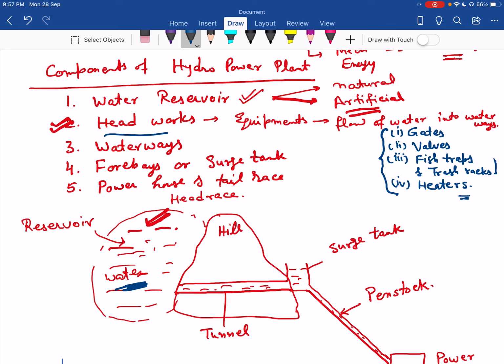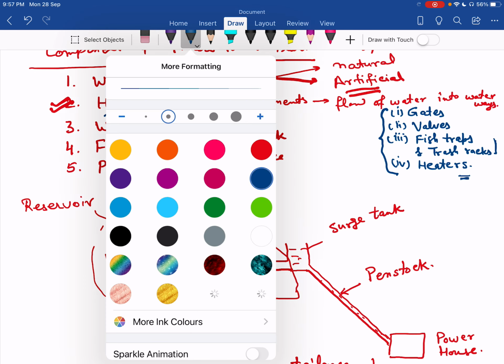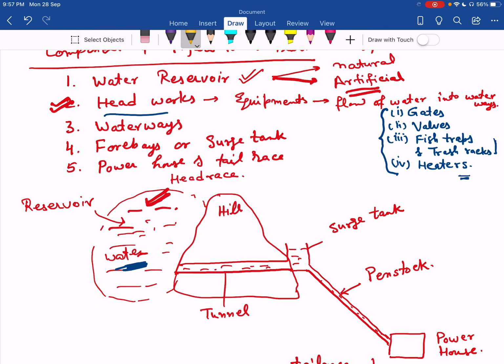Then we have the waterways. The waterways are the passages through which water is brought from the reservoir, or headrace, to the powerhouse.